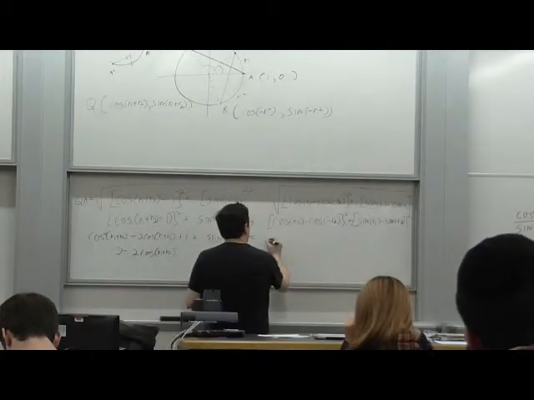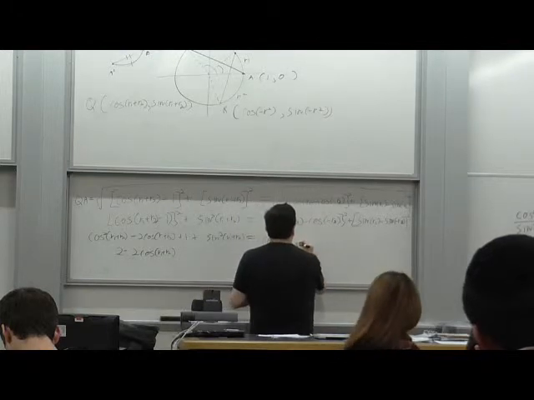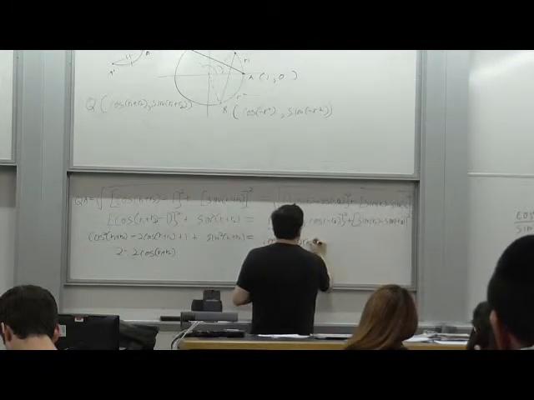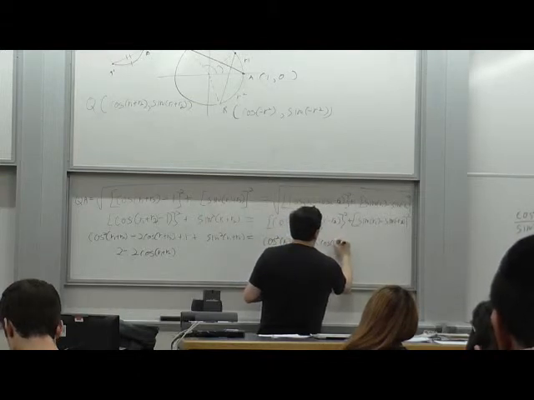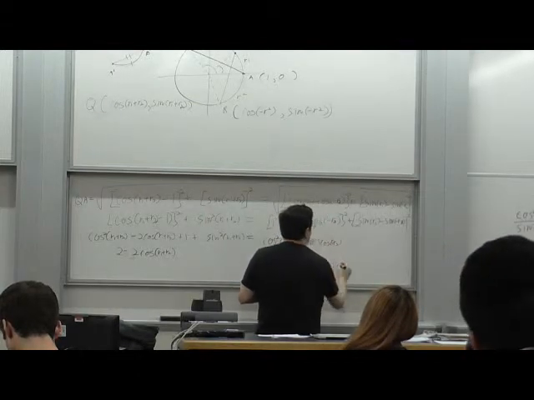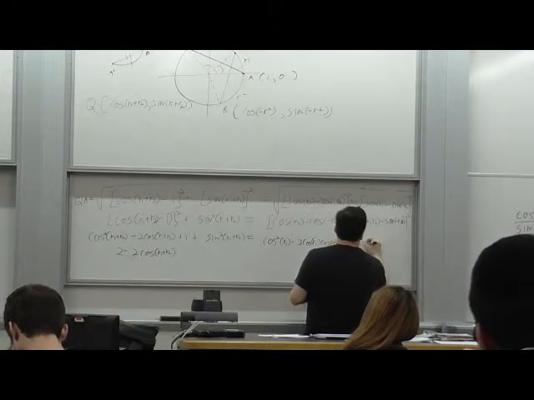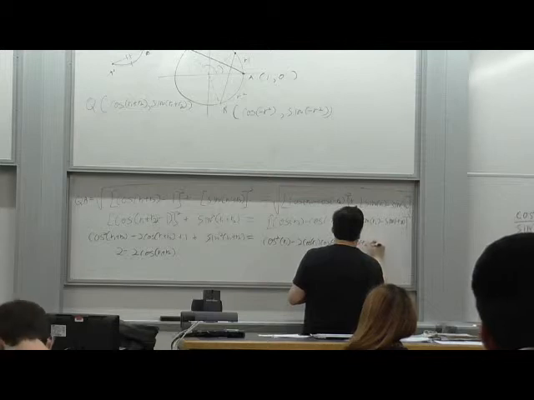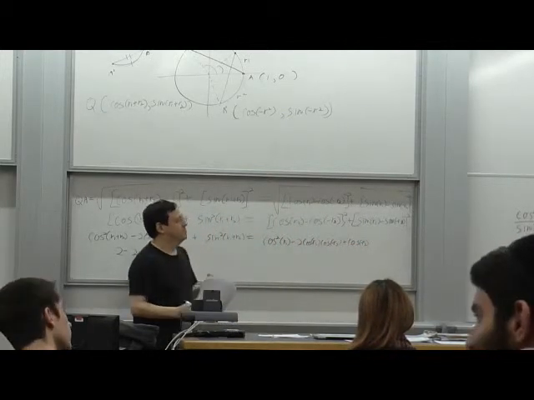Okay. There we have cosine squared R1, minus 2 cosine R1 cosine of negative R2, plus cosine of negative R2. Oh, you know, I'm going to do something. Can we take a break?